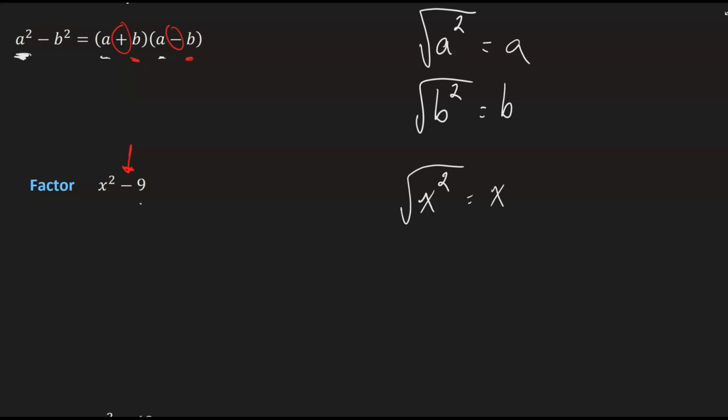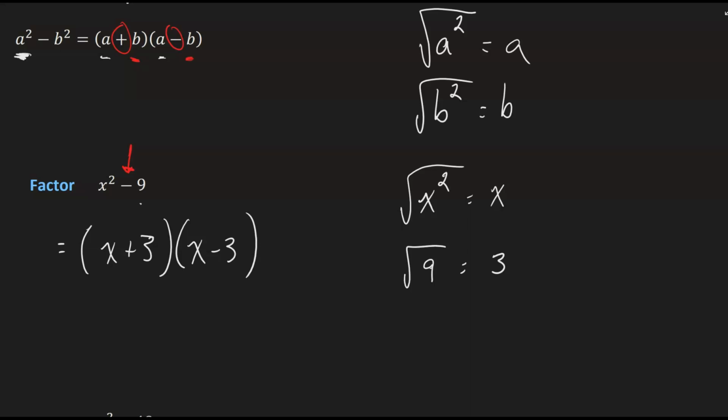And the second term is 9, and what's the square root of that? 3. You could think of it as plus or minus 3, which we do use, but we'll just look at the positive root, which is 3. So that's our b value in the formula. So x squared minus 9 is going to factor to x plus 3, x minus 3.